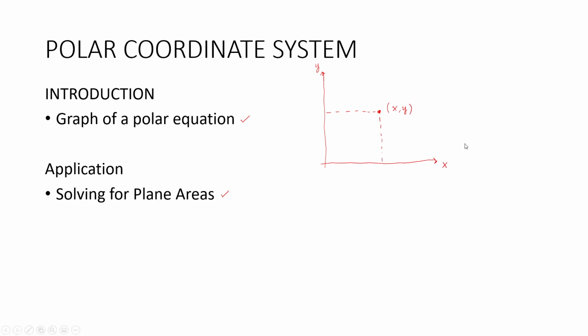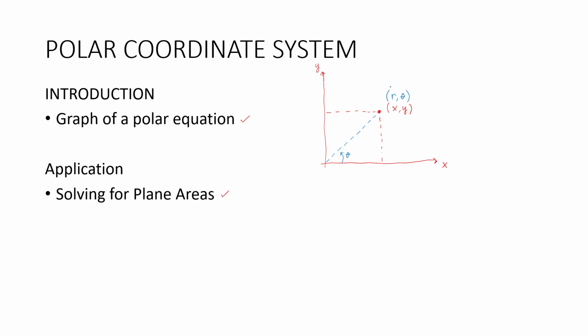Okay. So in the polar aspect, instead of this point being x and y, it is measured by a radial distance and an angular displacement. Meaning in polar equations, this is r and theta.